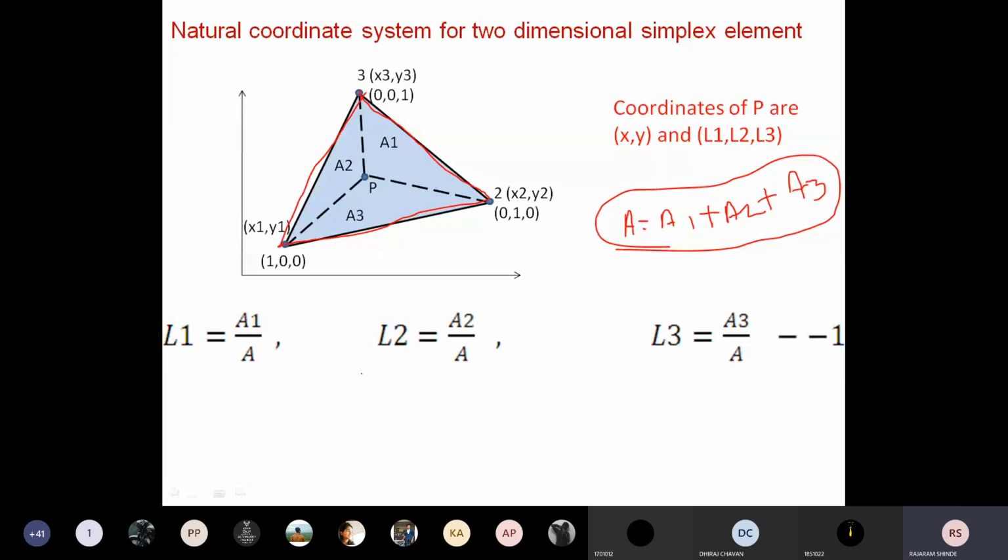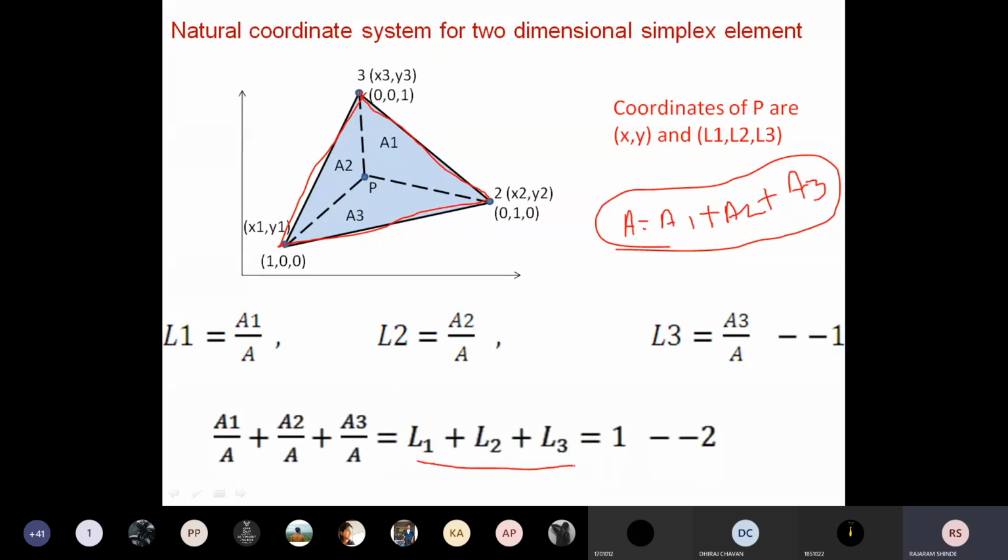Okay. Now I will add these 3 natural coordinates. That means I will take the addition of L1 plus L2 plus L3. It is equal to A1 by A plus A2 by A plus A3 by A. But the addition of A1 plus A2 plus A3 is equal to A. So it becomes A by A. Okay, so A by A is 1.